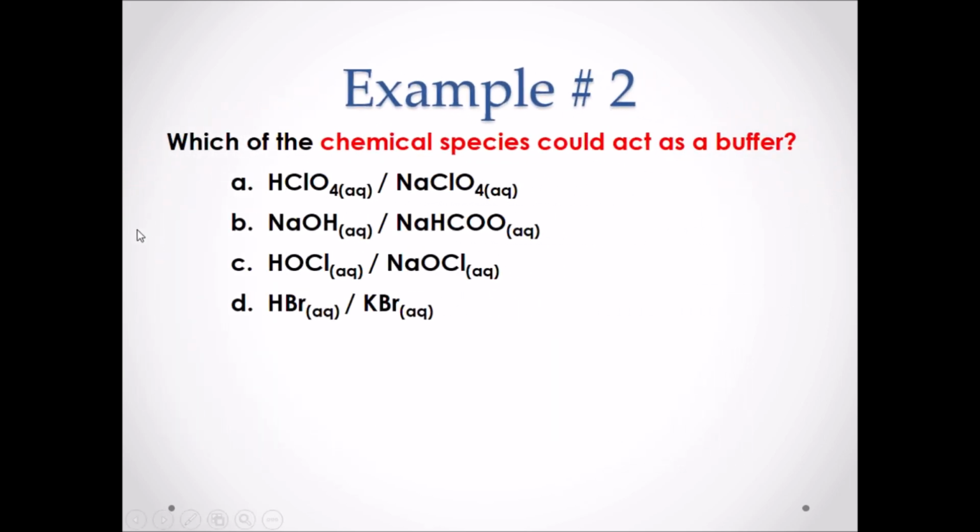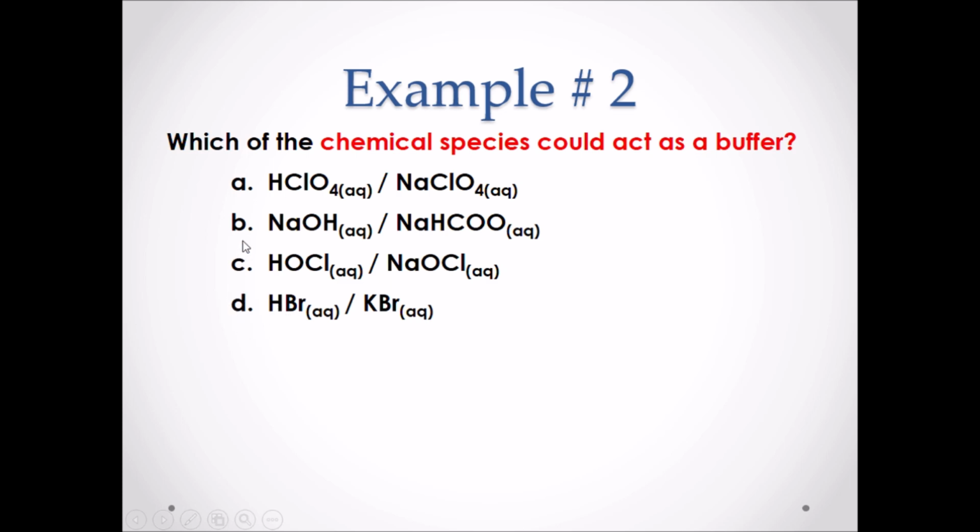Example number 2. Which of the following chemical species could act as a buffer? Pause the video and attempt this example. Remember, a buffer is a weak acid and its conjugate base. So right away, options A and D cannot be valid. HClO4 is a strong acid and HBr is also a strong acid.